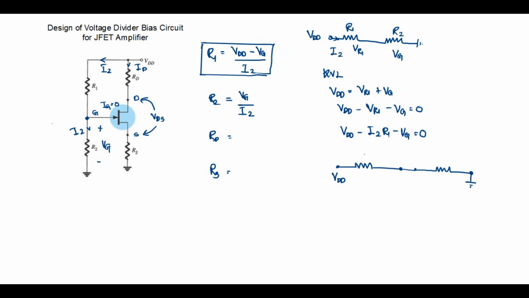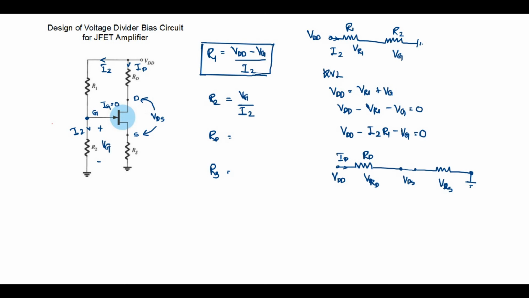This resistor is RD, and we can call this voltage VD. At this point we have a voltage of VDS, and this is VRS, and the drop across RD can be called VRD, for example. So this is the circuit.